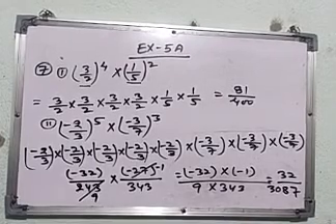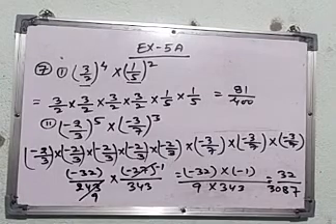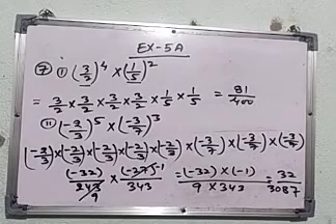So if you multiply 9 into 343, we get 3087. So your rational number is 32 by 3087.